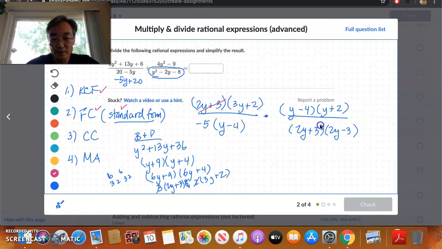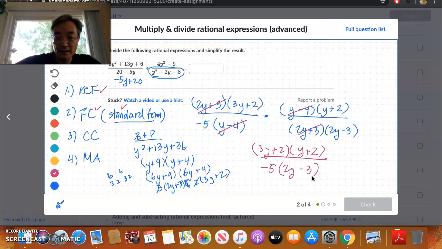So 2y plus 3 with a 2y plus 3 here, a y minus 4 with a y minus 4 here, and I think that's all we have. So our final simplified form is 3y plus 2 times y plus 2 all over negative 5 times 2y minus 3. Okay, type that in and go from there.